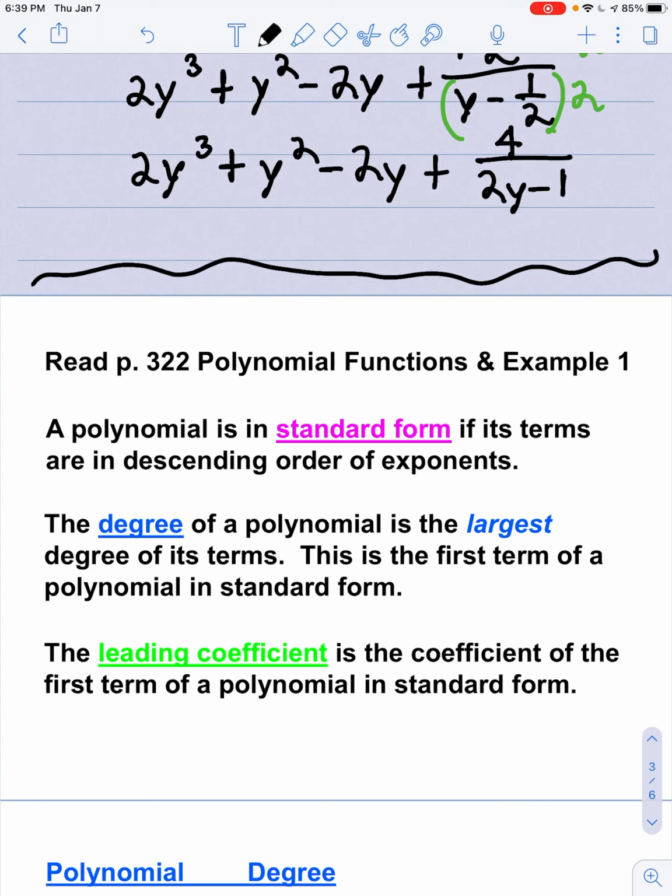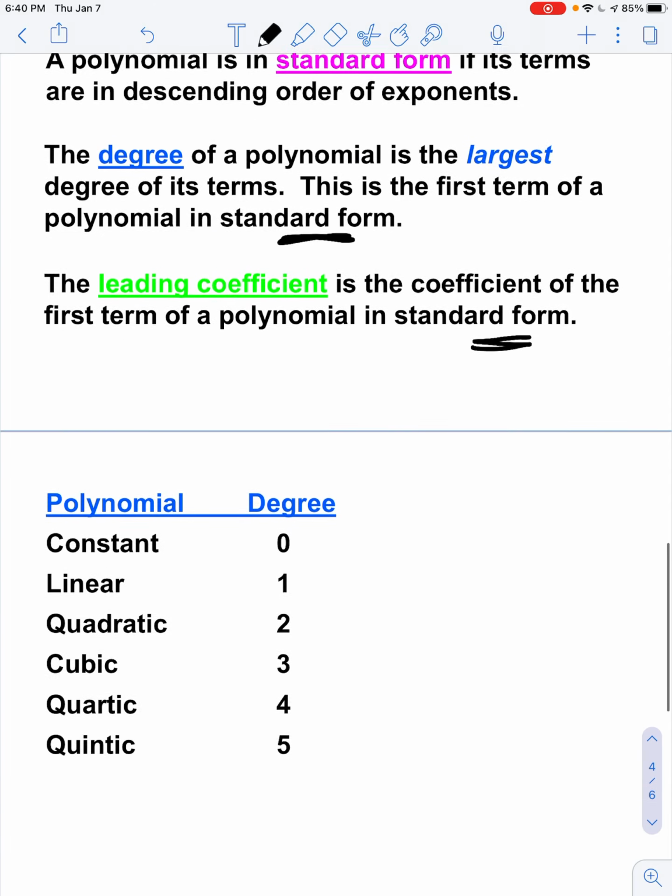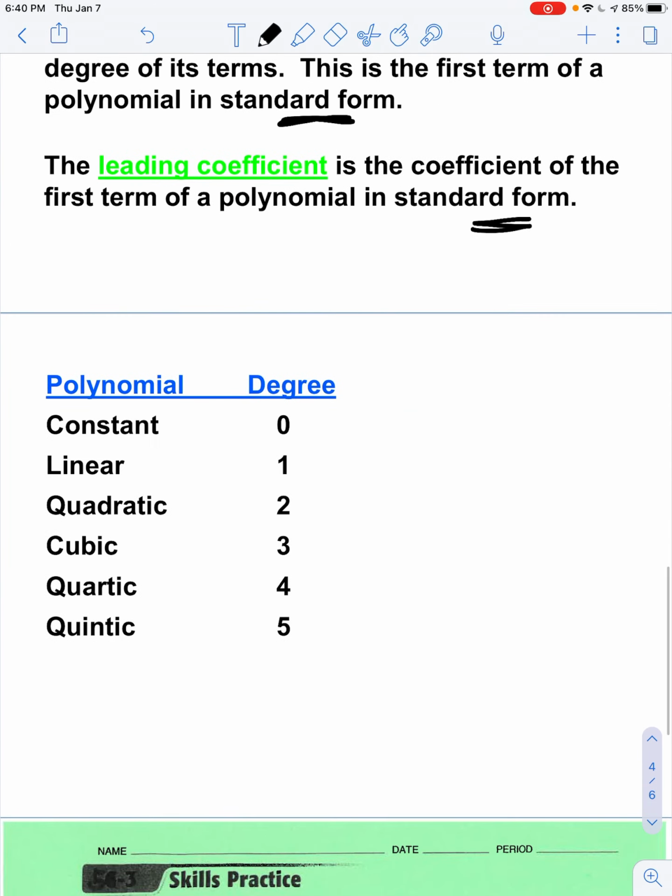And then the leading coefficient would be the coefficient of that first term, again, assuming it's been written in standard form. So let's take a look here before we do some examples of some common names that I want you to learn. When the degree is 0, we call it a constant function.